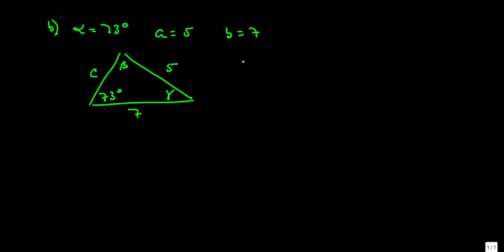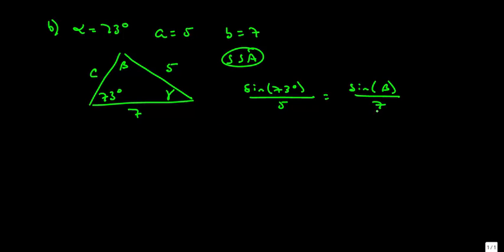Okay, so let's use our law of sines again. Now, in this situation, I've got a side, and then an angle. So we're still in the ambiguous case. How many solutions do we have? Well, we'll try again. We'll go sine of 73 degrees over 5 should be equal to the sine of beta over 7.